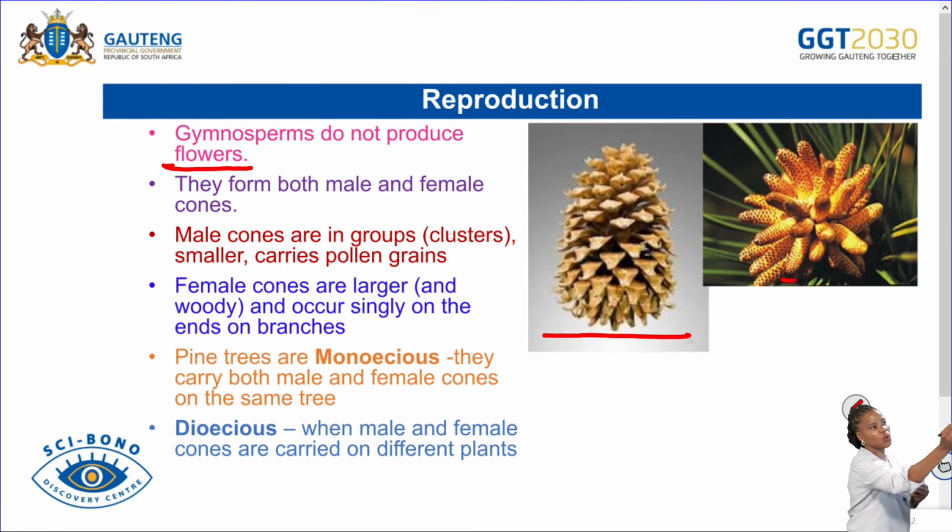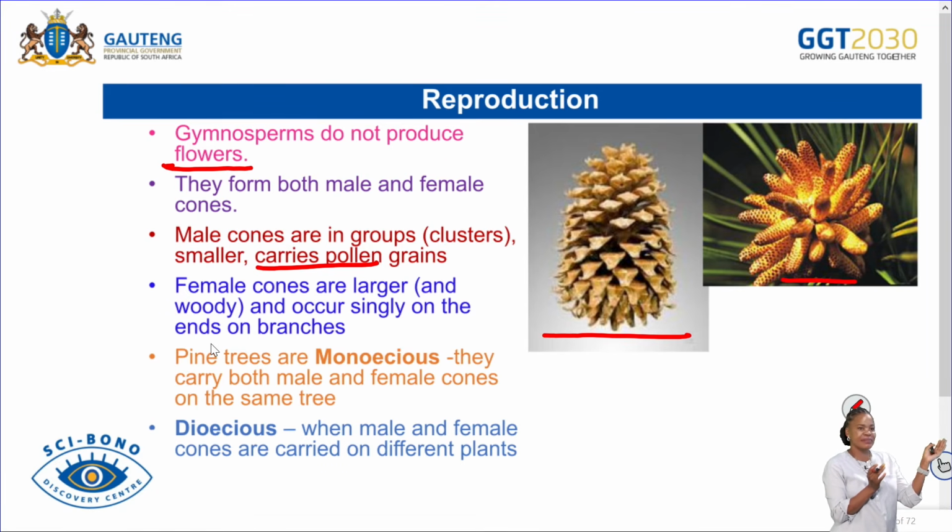That bears the cones, the male cones as well as the female cones. Now they form both male cones and female cones in one plant. The male cones are in groups. They are usually clustered and even smaller than what? Smaller than the female cones. And then they are also the carriers of what? Of pollen grains.